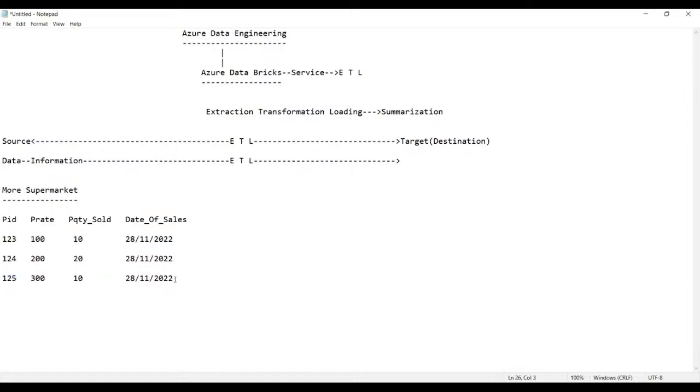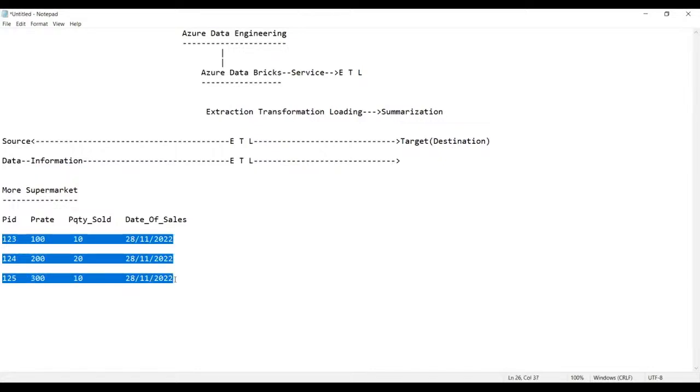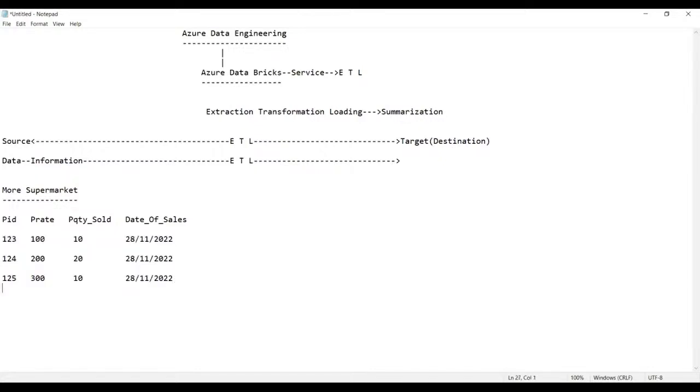I'm keeping this 28th data, and I want some other day's data also here, let us say the 27th. So 27, 27, and 27. Here let us make the rate 100 only, and the quantity 10. Now guys, this is the data you have.